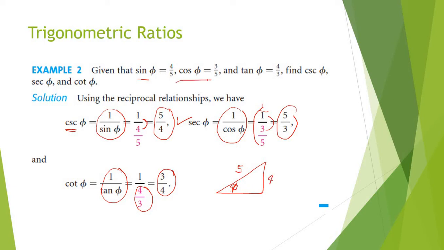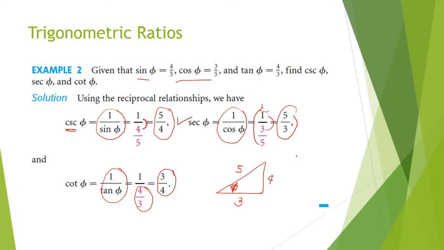Cosine is adjacent over hypotenuse, so the adjacent of phi is here, that is 3. Therefore these are the values of the triangle: you have 3, 4, 5 if your phi is located in this angle.